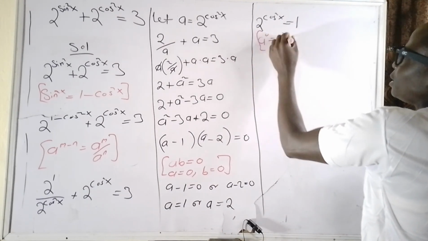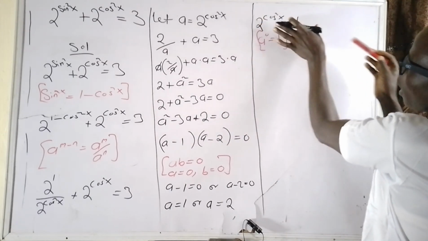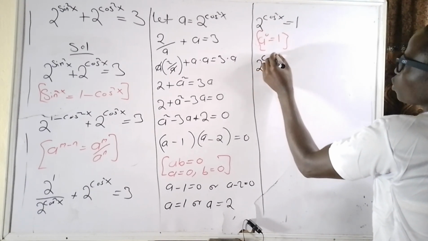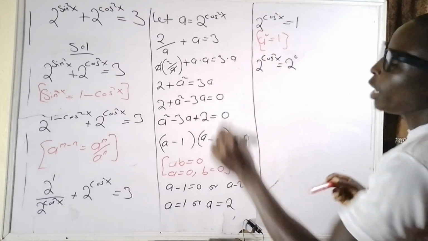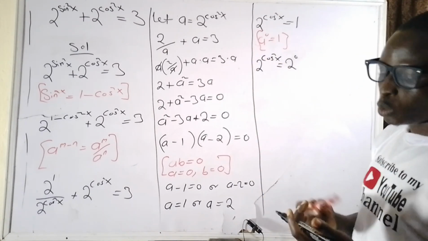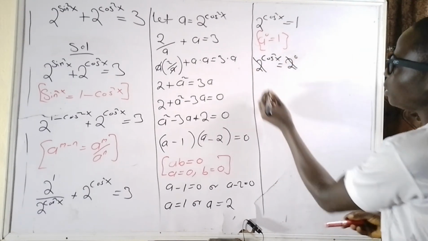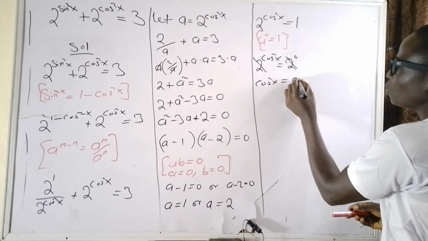So this is 2 raised to power cos square x equals 2 raised to power 0. Having the same bases, I can cancel the bases and use the powers. Cos square x is equal to 0.